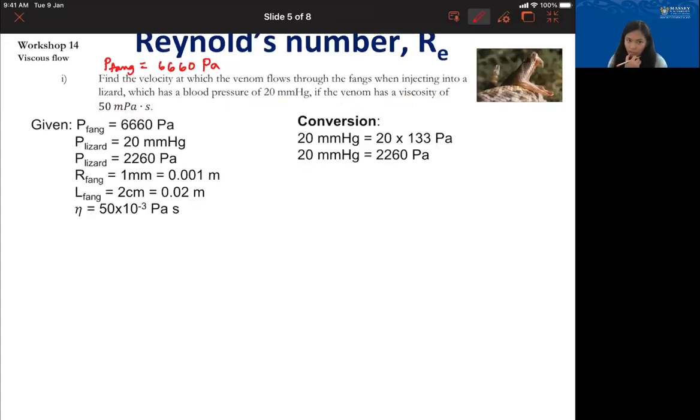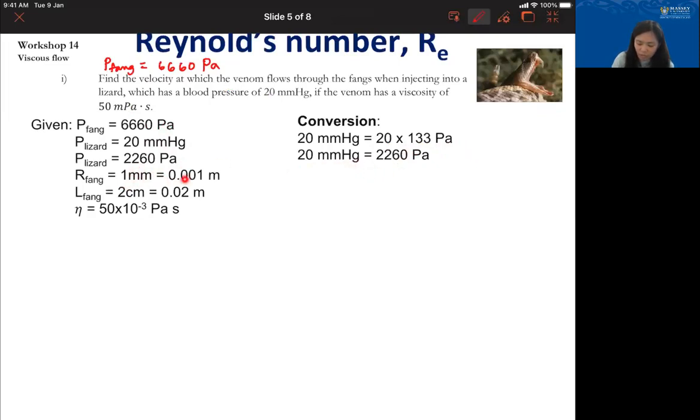Okay, so writing down everything we know. The pressure of the lizard is given in millimeters of mercury. Be careful with units here. Since the pressure of the fang is given in pascals, the SI unit, you have to convert millimeters of mercury to pascals. The conversion factor from lecture 12 is 1 millimeter of mercury is 133 pascals.